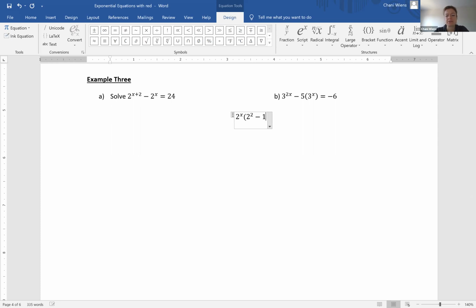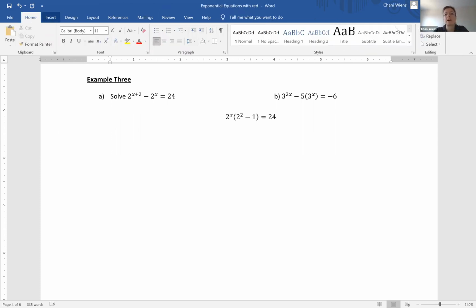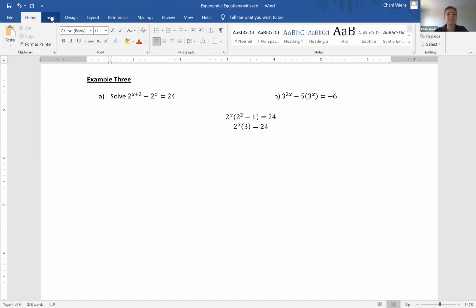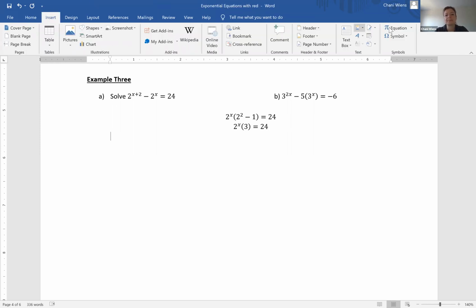Then I'm subtracting 1, since 2 to the x times minus 1 would be minus 2 to the x. So I've common factored out a 2 to the x. What's cool about that is that when I common factor that out, I am left with just a number in the bracket. So 2 squared minus 1 is just 3. So now I can divide both sides by 3.